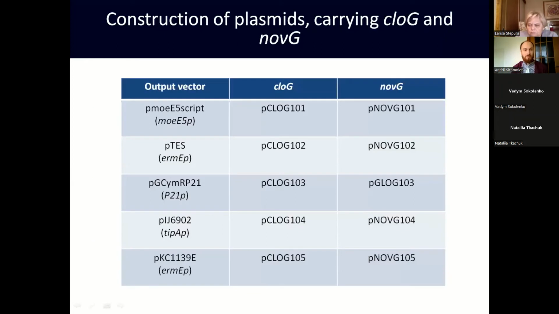And the next 10 plasmids can be split into 2 groups, as you can see on the slide. The first group consists of expression vectors carrying an additional copy of the cloG gene. This gene is coding for a pathway-specific regulator of the clorobiocin biosynthesis pathway.